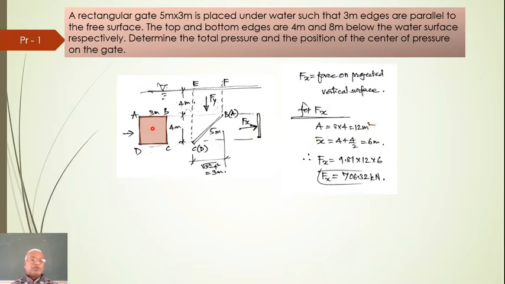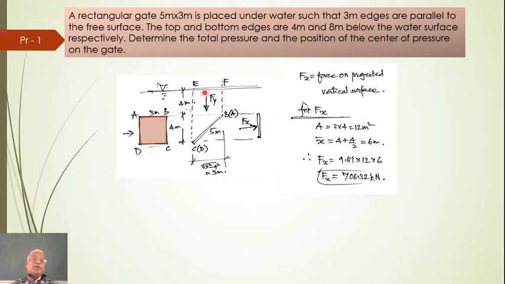X bar, position of centroid, is 4 plus 2, because centroid depth is 2 meters below this edge. So 4 plus 2, that is 6 meters. Now Fx can be worked out. Fx is gamma A x bar, so it comes out to be 706.32 kilonewton, that is Fx.